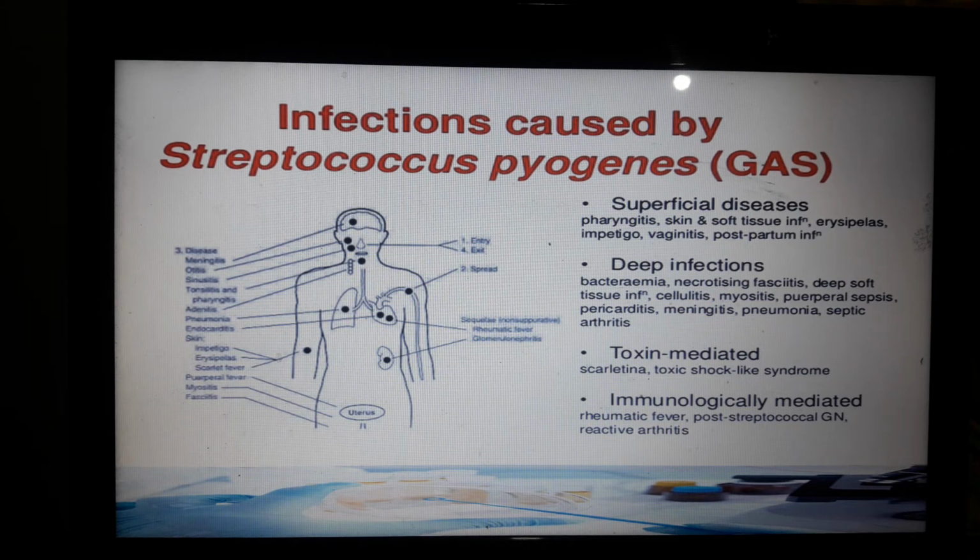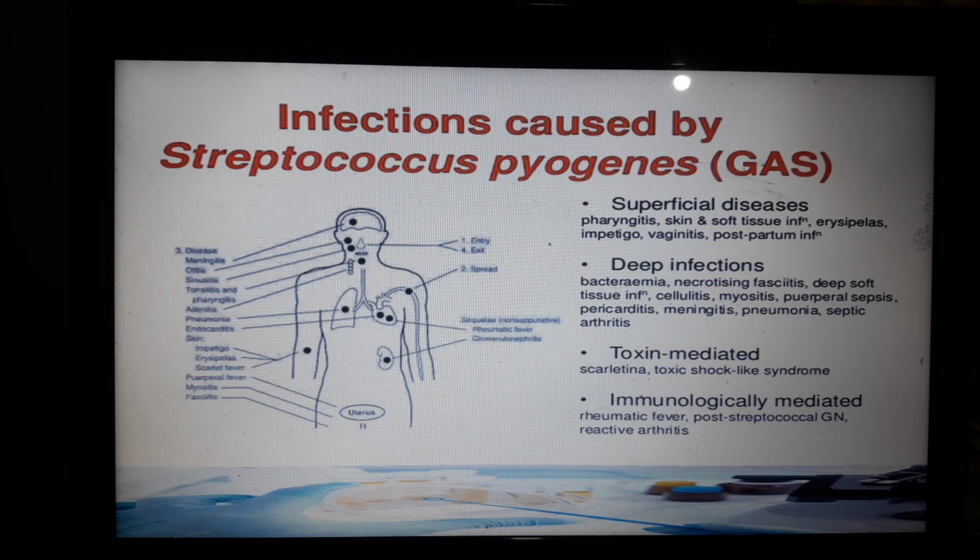Also vaginitis, postpartum infection, meaning after labor, bacteremia, necrotizing fasciitis, deep soft tissue infection, cellulitis, and myositis, an infection of the muscle. We also have peripheral sepsis, infections of the genital tract area, which result from complications of postpartum infections after labor.